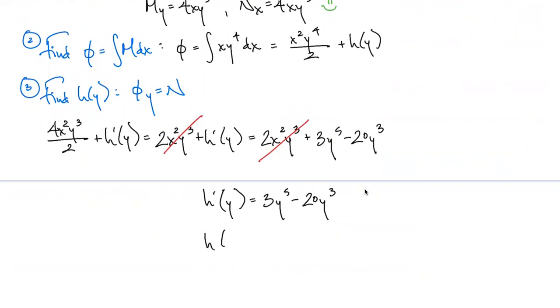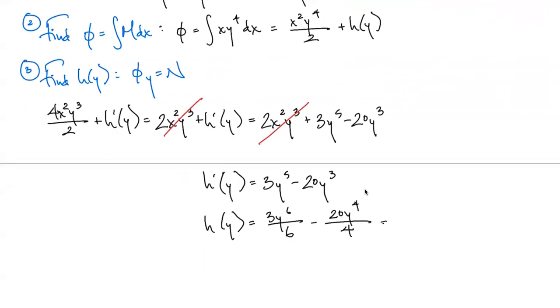So h of y equals, let's see, 3y to the 6th over 6 minus 20y to the 4th over 4, which we can definitely clean up to be y to the 6th over 2 minus 5y to the 4th. And don't forget, this is when we're going to need that constant. We can call it k or c sub 1.